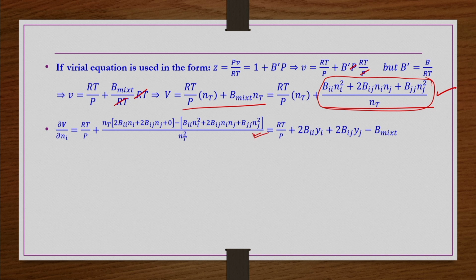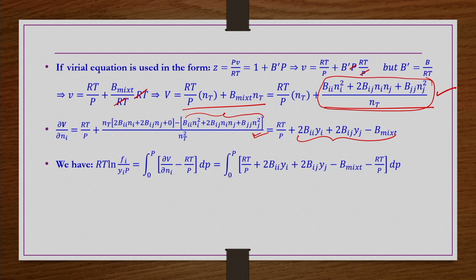Further, if you simplify, this term will become 2 Bii Yi plus 2 Bij Yj minus B mixture. This entire part, divided by Nt square, we can write as B mixture. Now if you substitute this dou V by dou Ni expression here and integrate it, this RT by P is cancelled out.